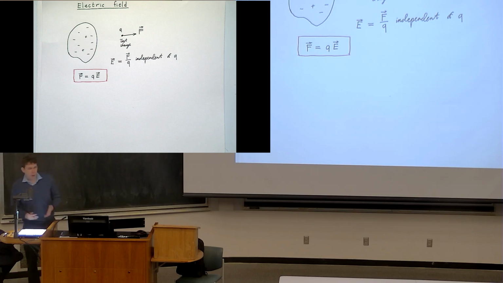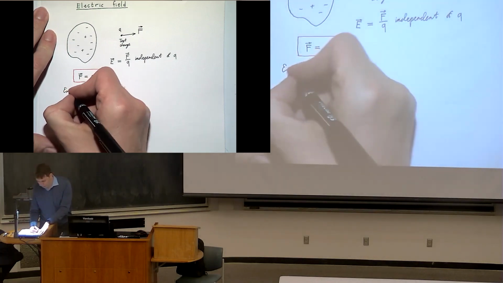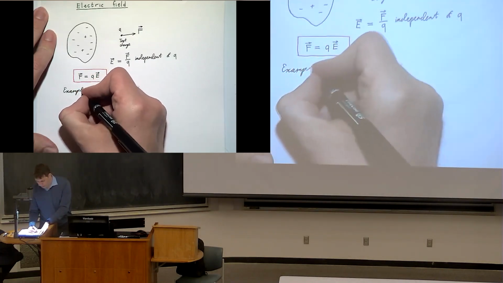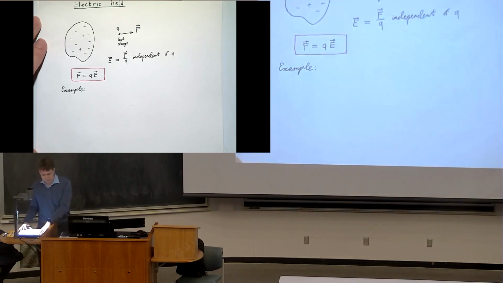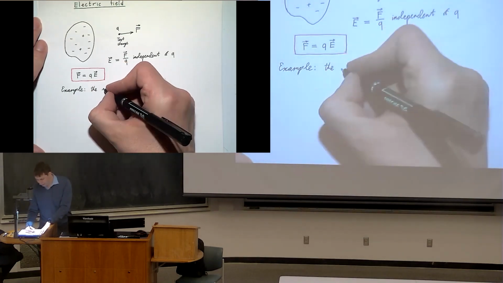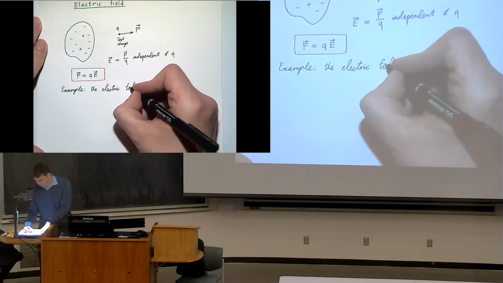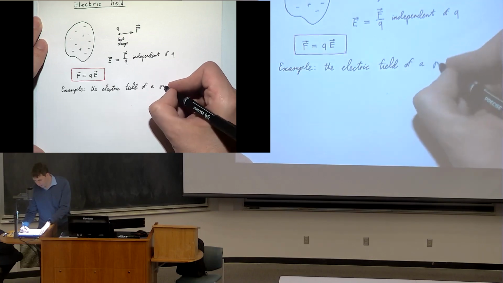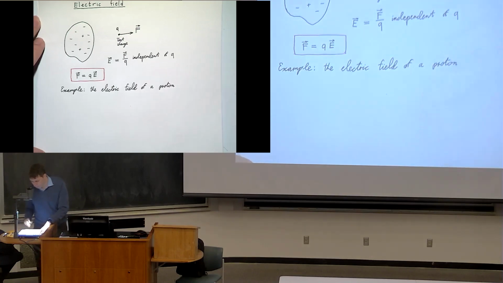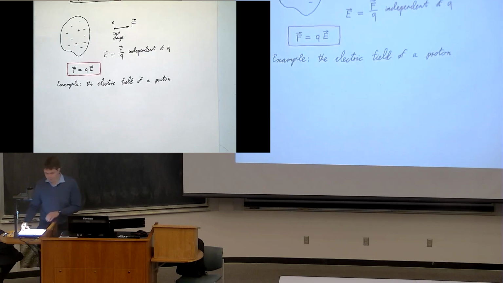And to gain some intuition about what it looks like, let's start with an example. Let's start with the electric field of just one point charge, one particle. Let this particle be a proton, which is a nucleus of a hydrogen atom.